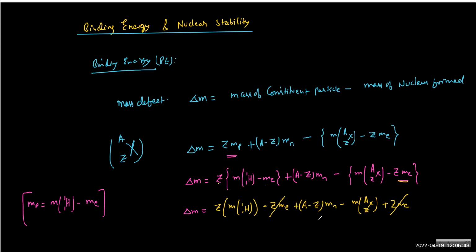Writing this way eliminates the need to think of electrons. You can see that you're writing the mass of the atom only, and that is good enough.